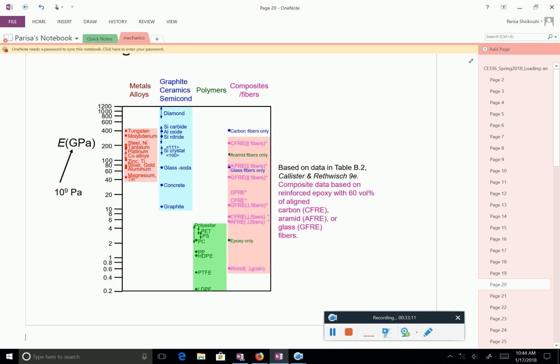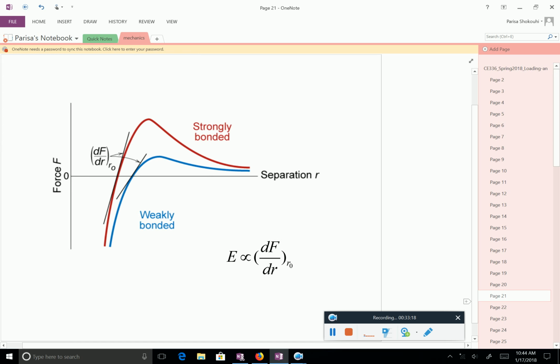So these kinds of graphs are useful to give us a general idea where we stand with different materials. Now, the question is why?